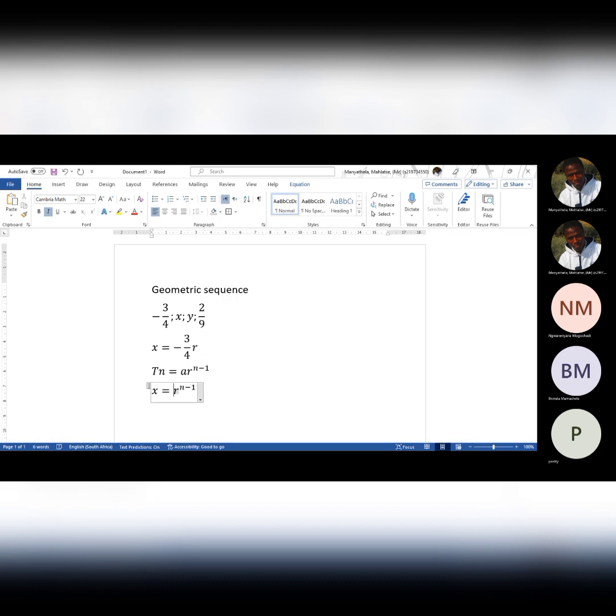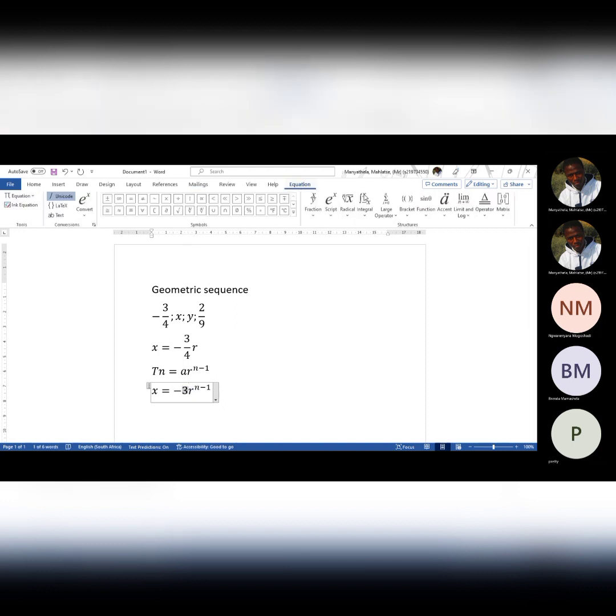Our a is negative 3 over 4, then r, and x is term number 2 in the sequence, so r to the 2 minus 1, and 2 minus 1 is 1, which we can choose not to write.